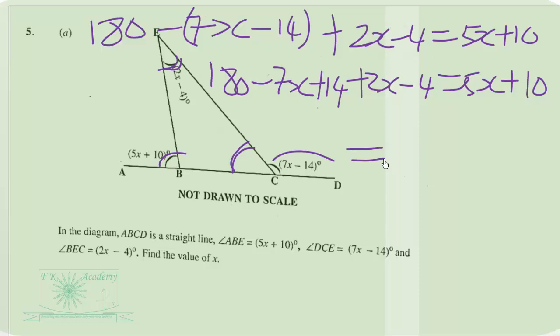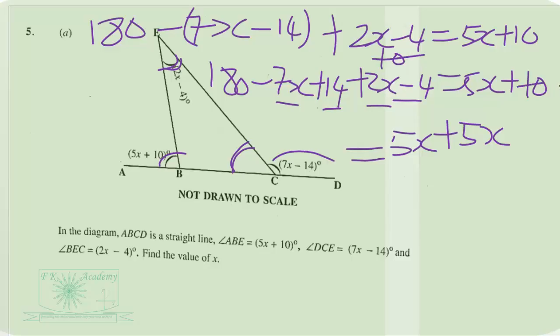So we group the x terms. I have 5x, and negative 7x plus 2x will give me negative 5x. So we count positive here, plus 5x. And then I have 14 minus 4 will give me 10.